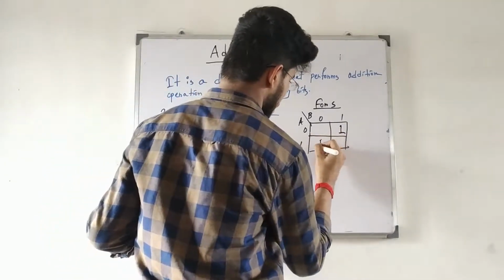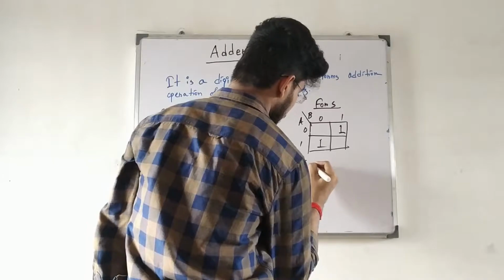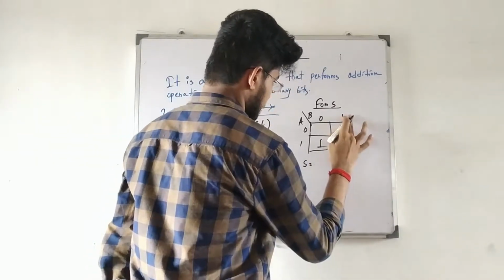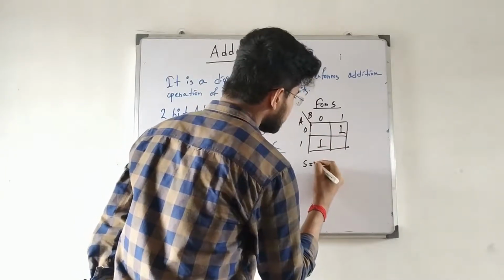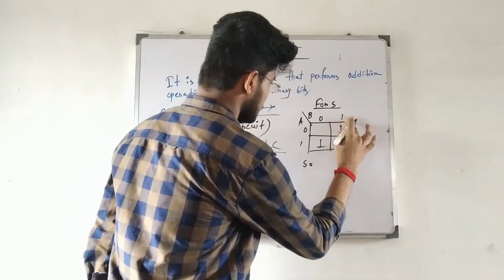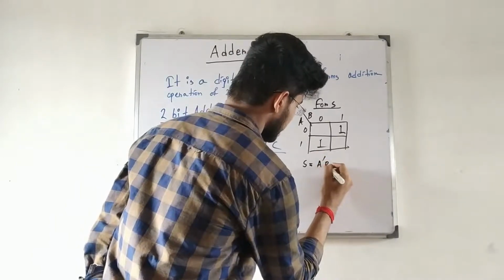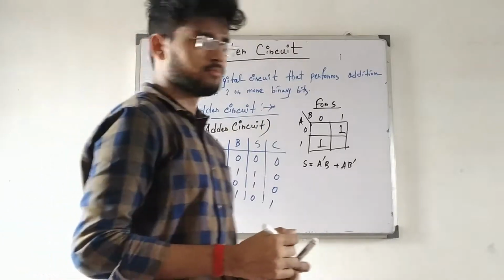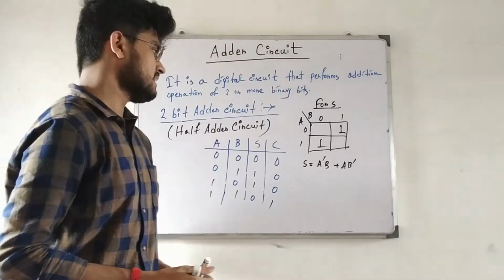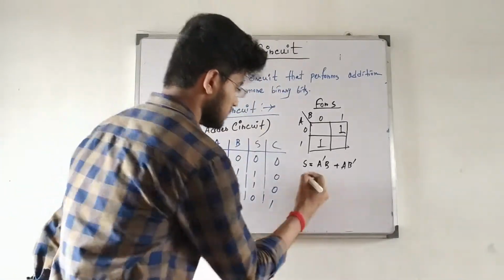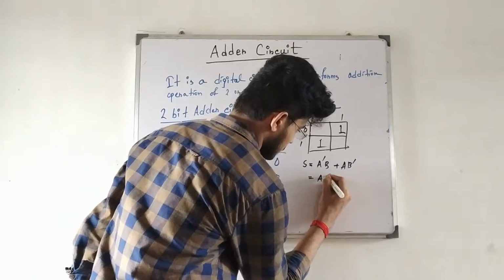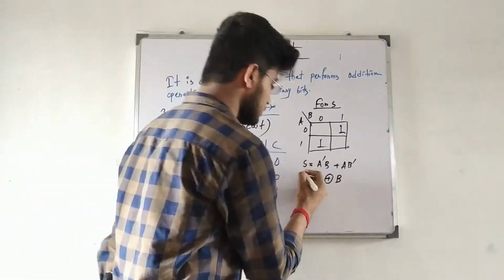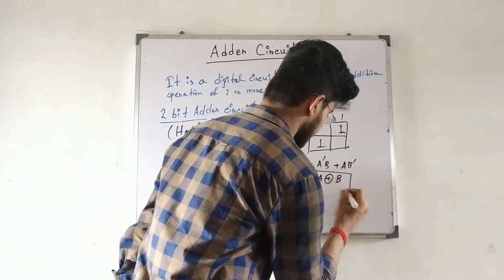So S is equal to A bar B plus A B bar, and that is nothing but A XOR B. So the expression for sum for a half adder circuit is S is equal to A XOR B.